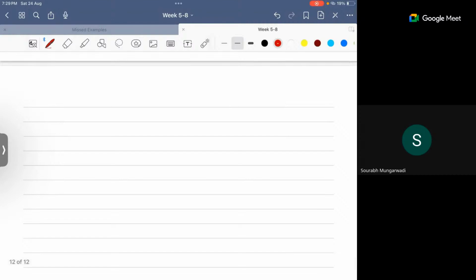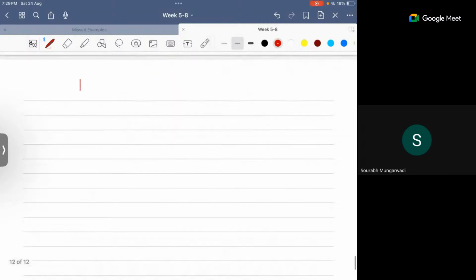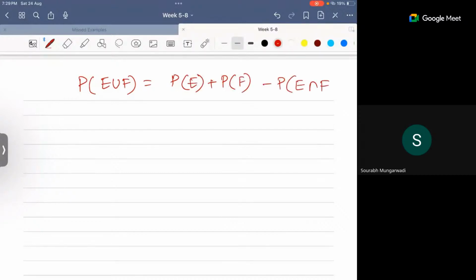I'll write out this formula for union and intersection, because there will be some questions in your exam for sure from the Venn diagram also. This formula also you should know. De Morgan's law, are you already aware of it?